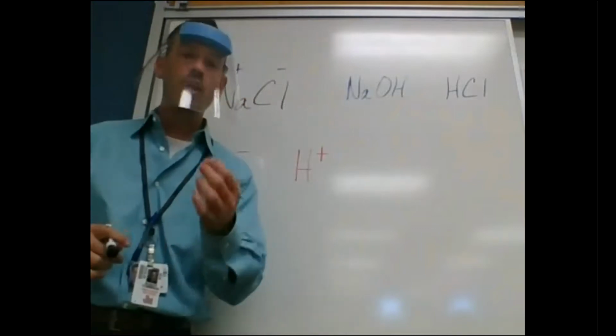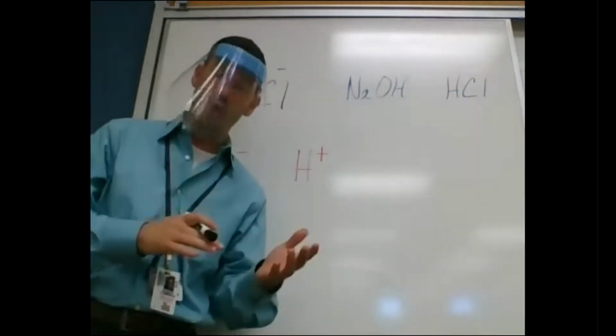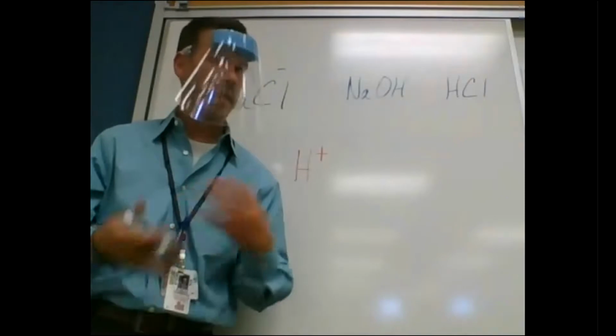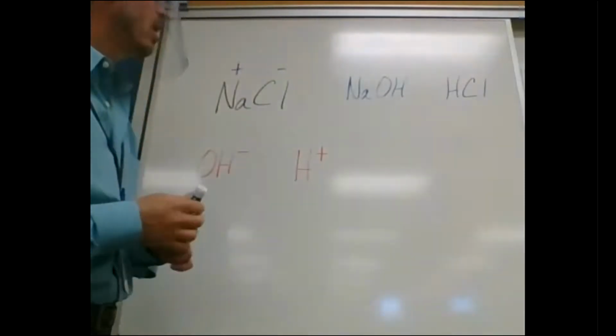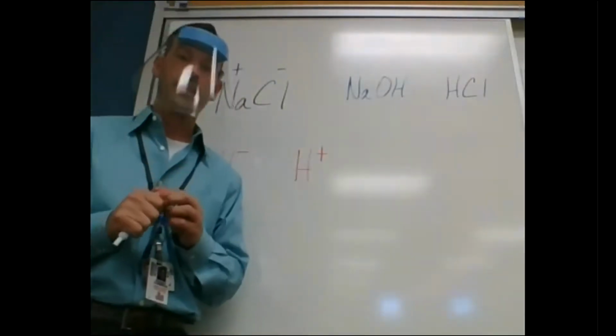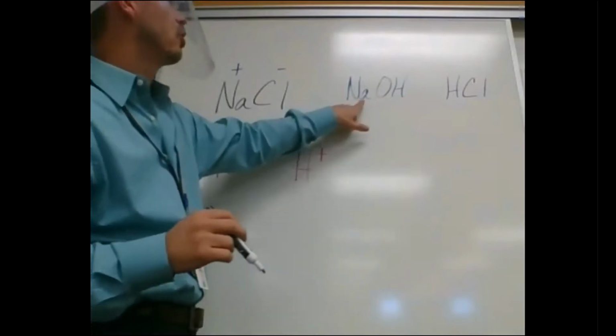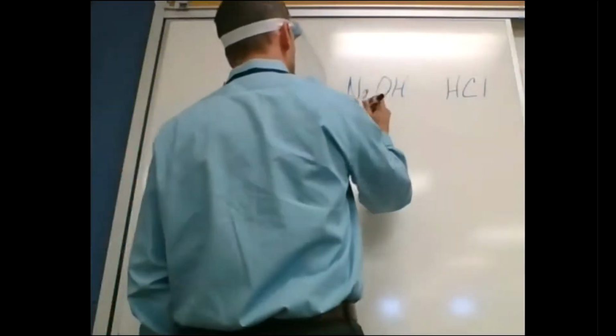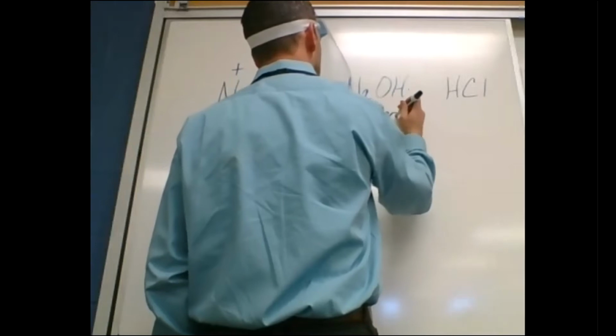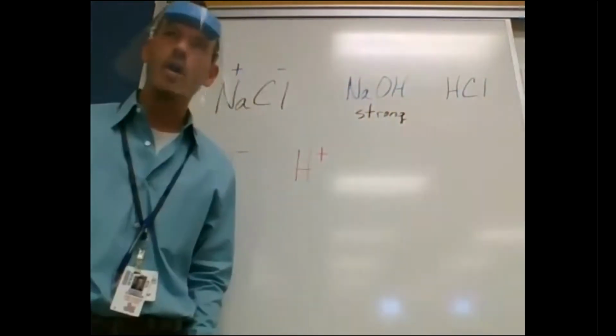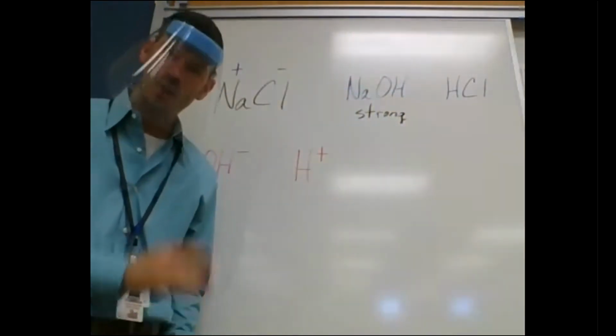Now, with your understanding of weak versus strong, which you should definitely be good at by now because we've done it so many times this year, I can figure out the impact of the salt itself, because I know that sodium hydroxide is a strong base because it's an alkali connected to hydroxide.